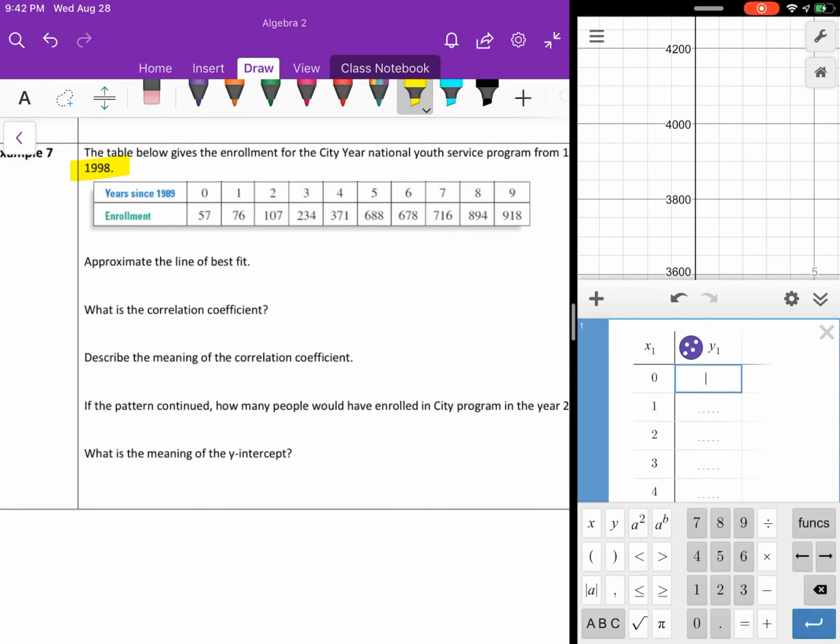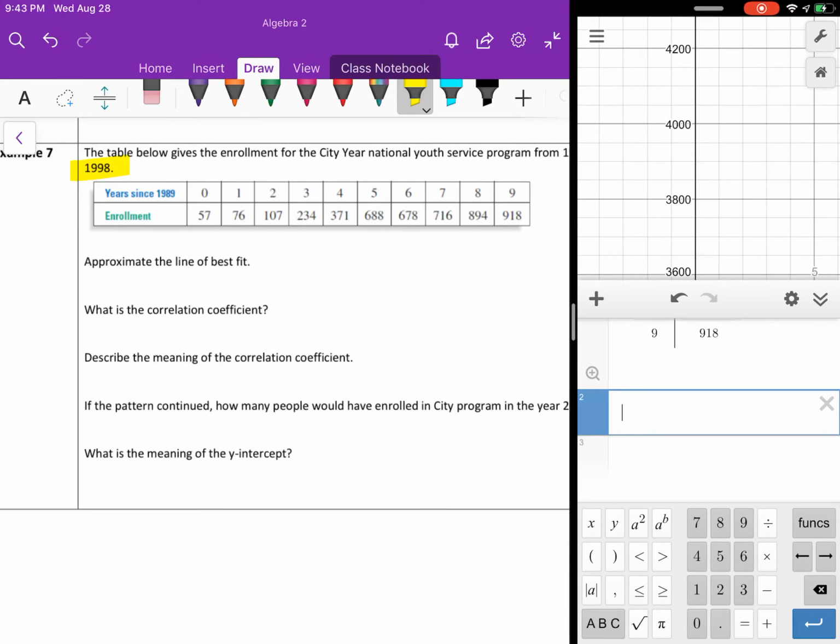And we got 57, 76, 107, 234, 371, 688, 678, 716, 894, and 918.